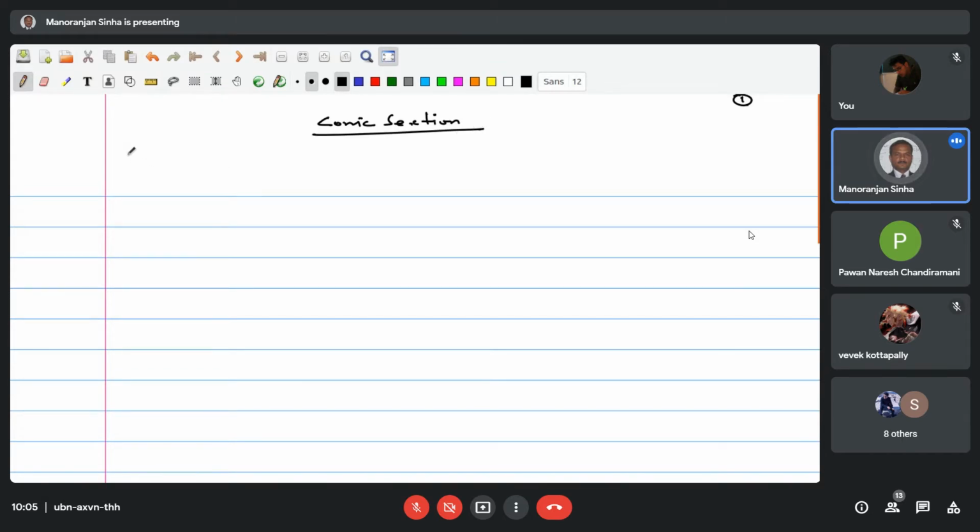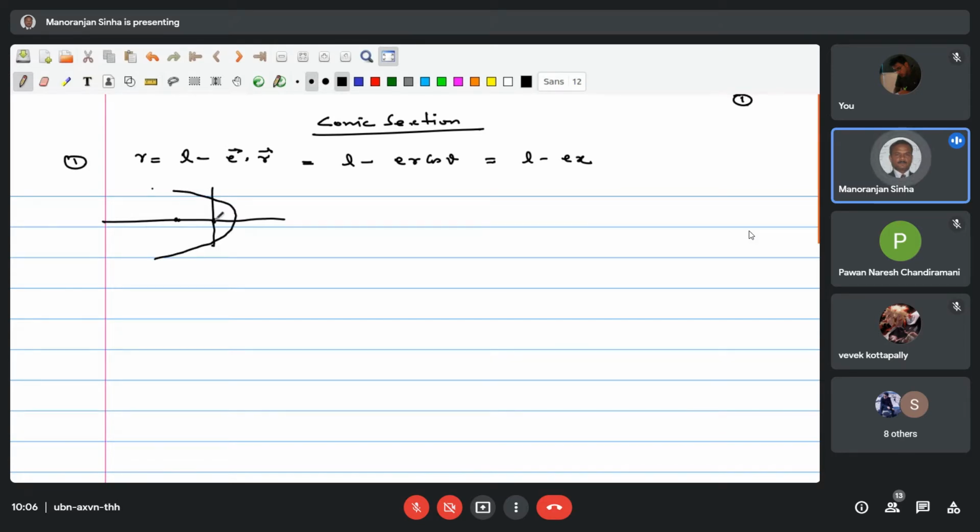So the conic section equation we have written as r equal to l minus e dot r, and this can be reduced to e times r cos theta. This particular equation is referring to the focus at the origin.